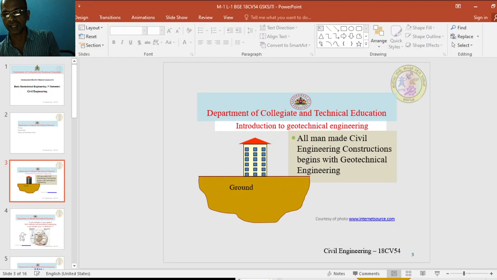If the soil does not have this ability, it leads to tilting, distress or rotation, and its ultimate end result is failure. So all man-made civil engineering structures begin with geotechnical engineering knowledge.